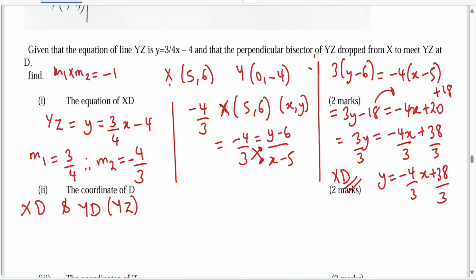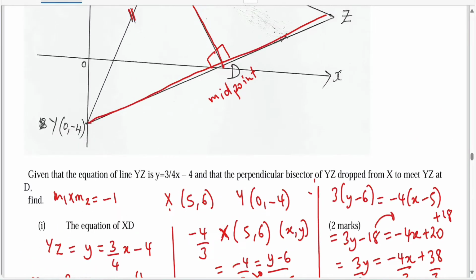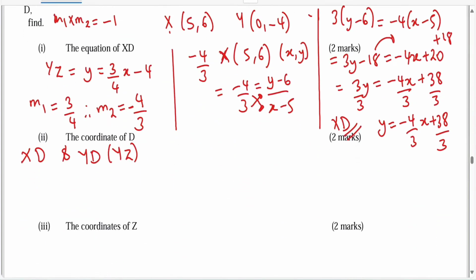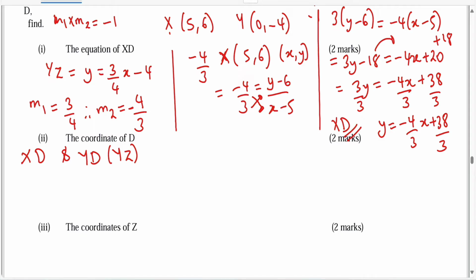So XD and YD meet at D. If you do a simultaneous equation for both of them, automatically you get D.